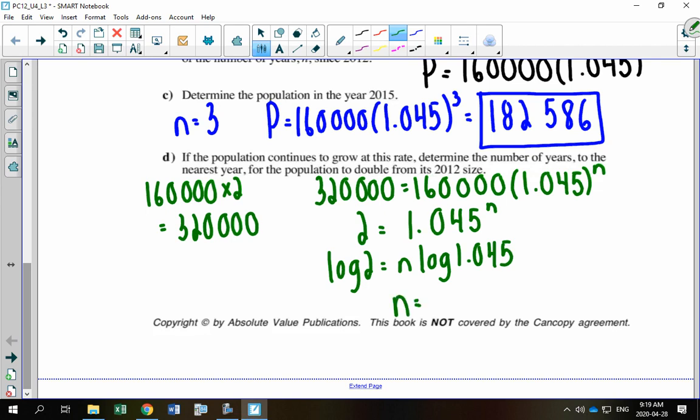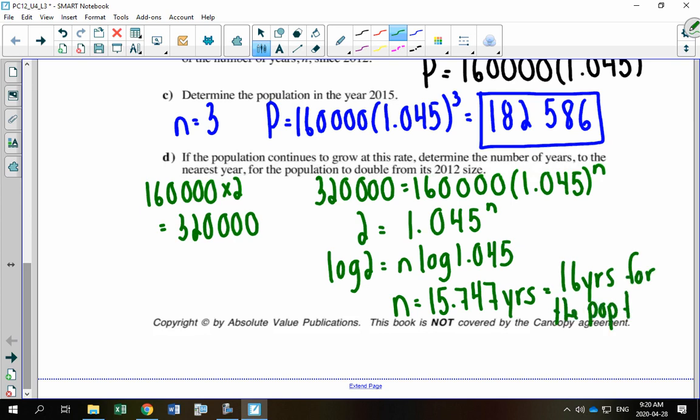So you're going to go log 2 divided by log 1.045, and we get 15.747 years. They said determine the number of years to the nearest year for it to double. So I would round this up to 16 years for the population to double.